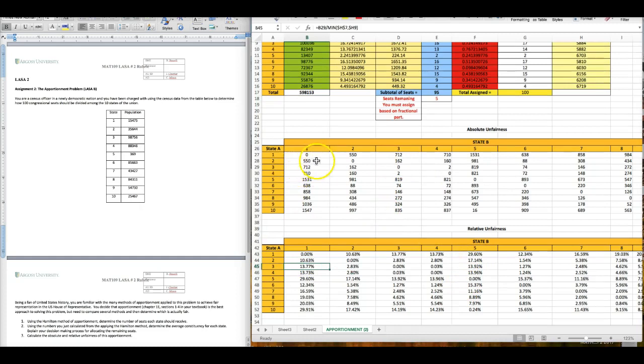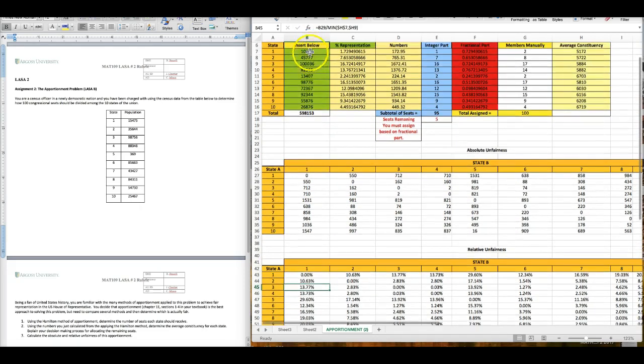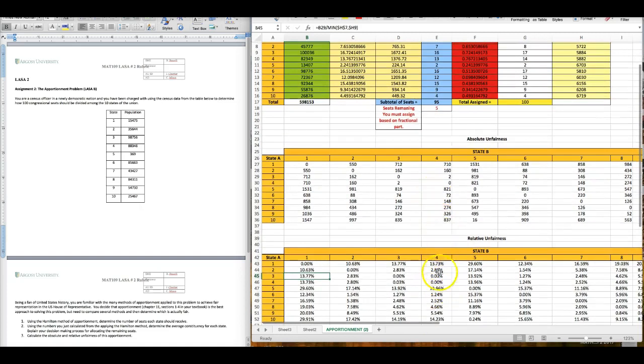And so once you do about one or two of these, then of course you can just copy and paste and do the rest of them. And so that's how I made this. So once you have these numbers filled in, these numbers will automatically populate, and all you need to do is understand what these numbers mean.